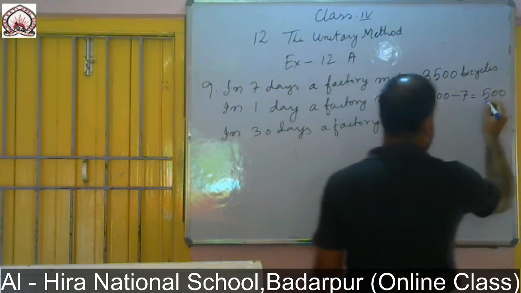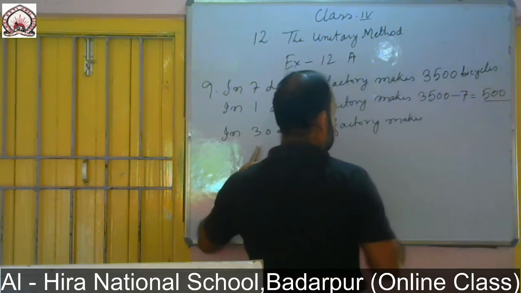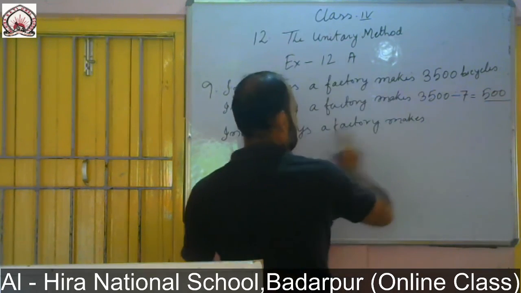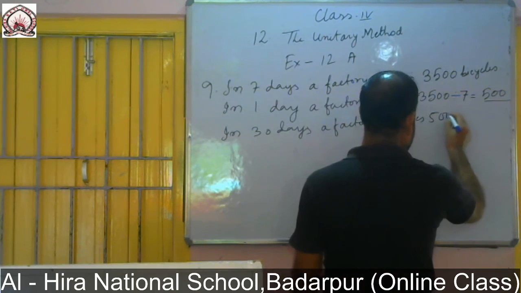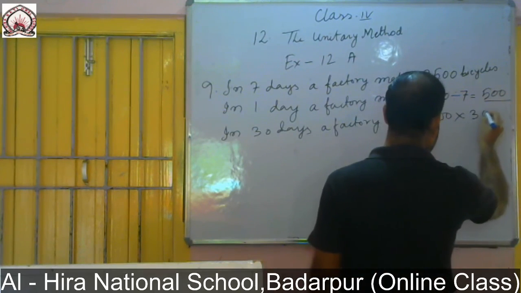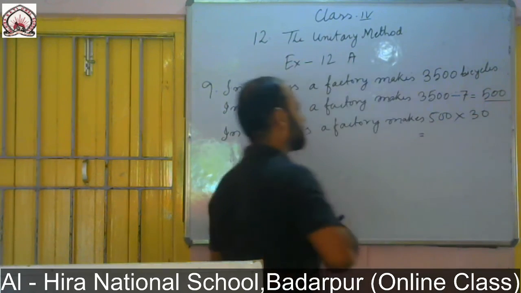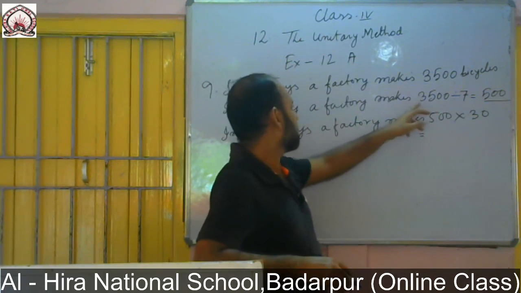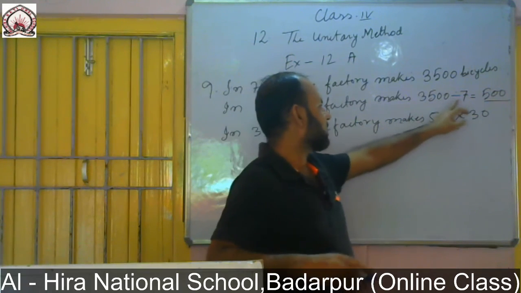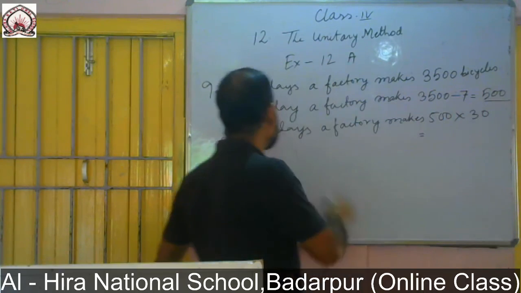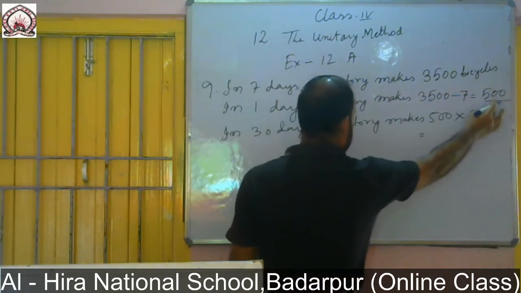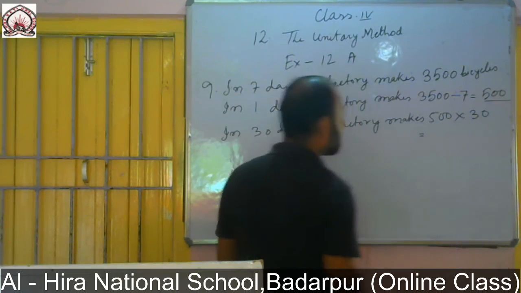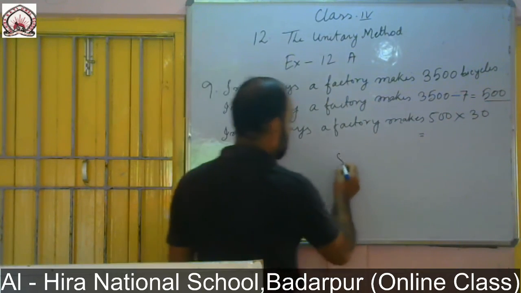So one day 500 and for 30 days we know 500 into 30. In one day a factory makes 3500 divided by 7 equal to 500. So in 30 days a factory makes 500 into 30.